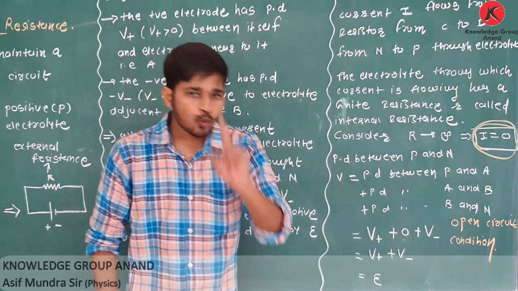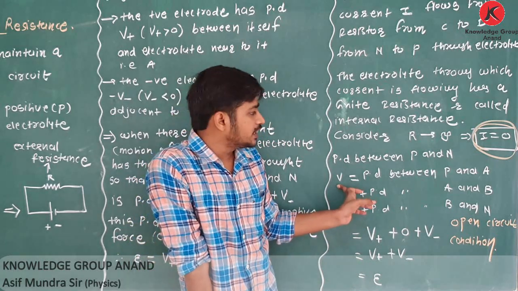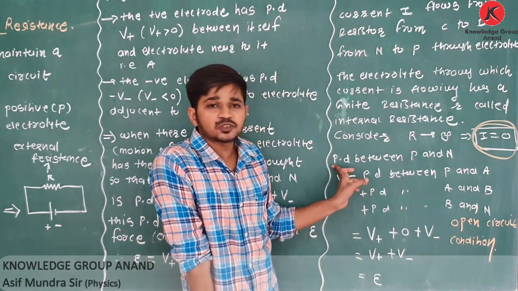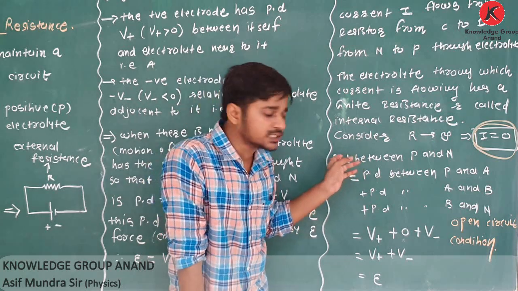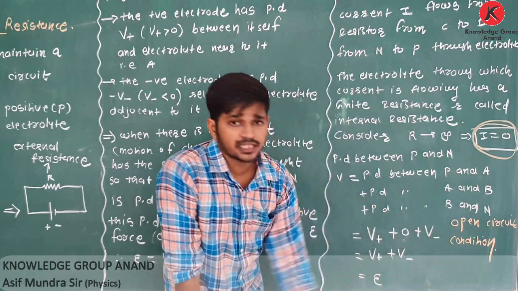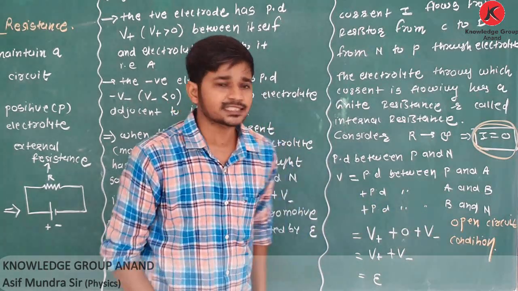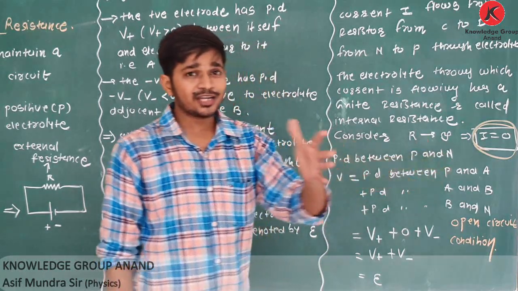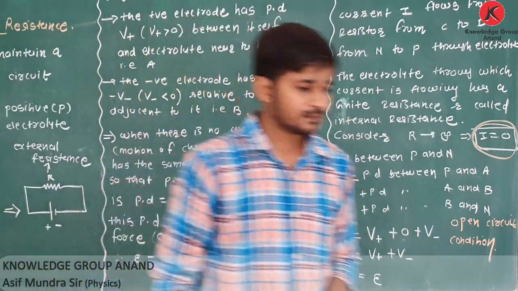So again, what is EMF? It is the potential difference between the two electrodes, between the two terminals, when current is 0, in open circuit condition. Now the next case is when R is not infinite, it has some finite value.